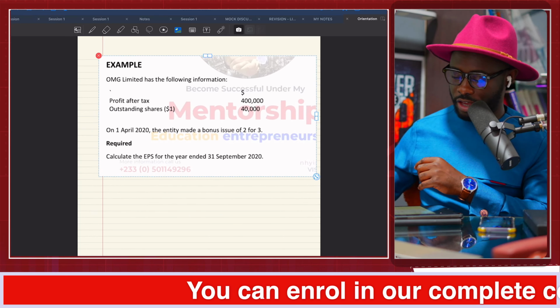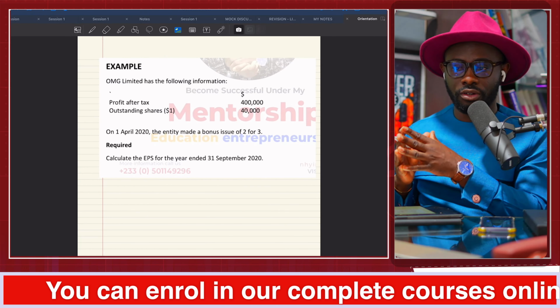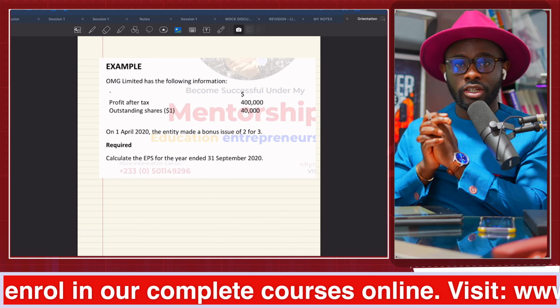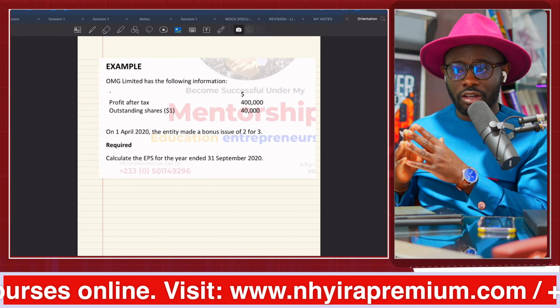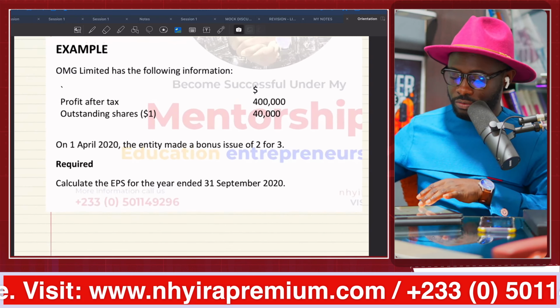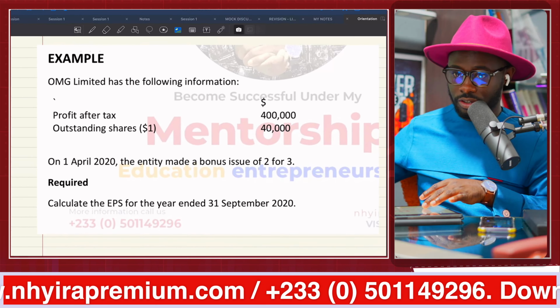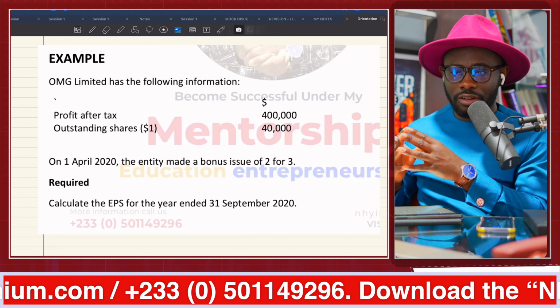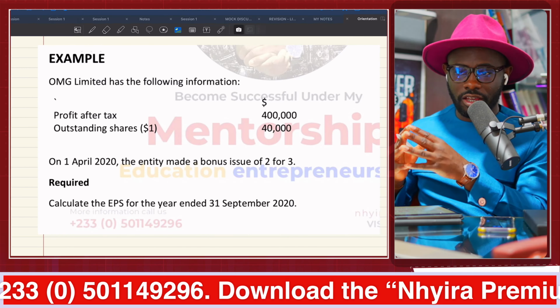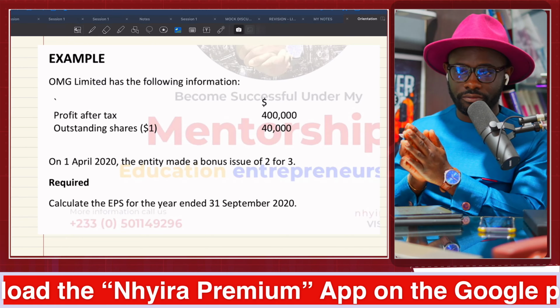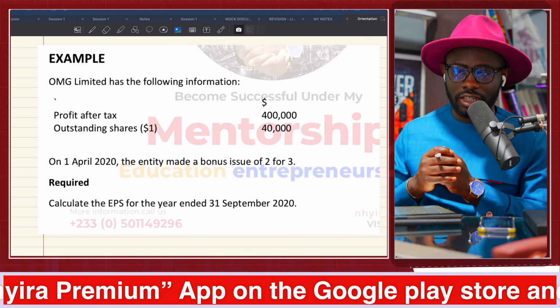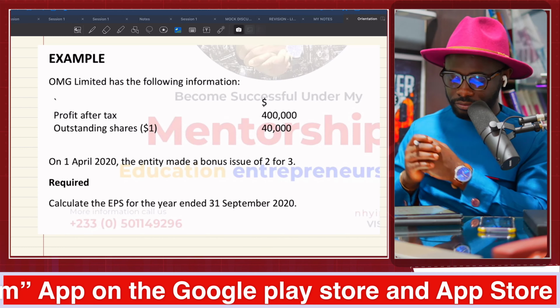So what do we have? Let's see a very simple illustration here. The requirement here is very simple. It says calculate. Let's zoom that out a little bit so that you can see it well. Calculate the earnings per share for the year ended 30th September 2020. OMG Limited has the following information.